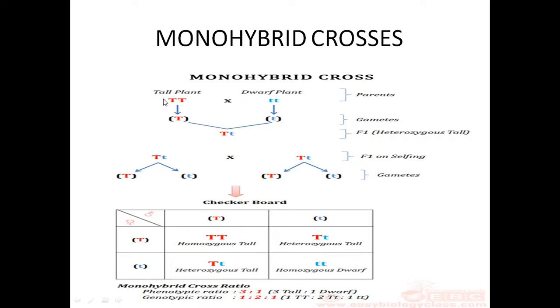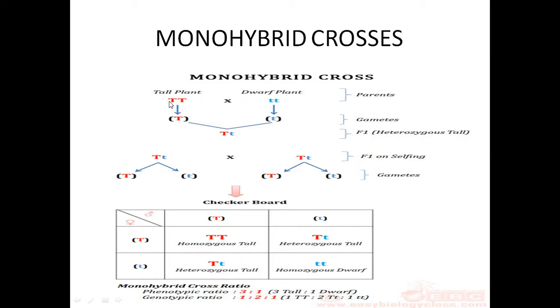Cross between two parents. This is one of the parents, the tall plant. This is the other parent, the short plant or dwarf plant. This is the parental generation, tall plant and dwarf plant.